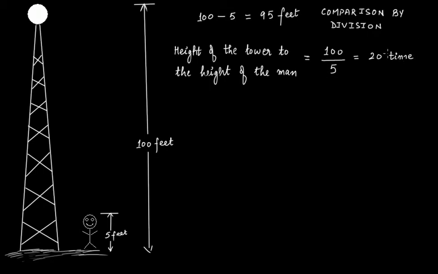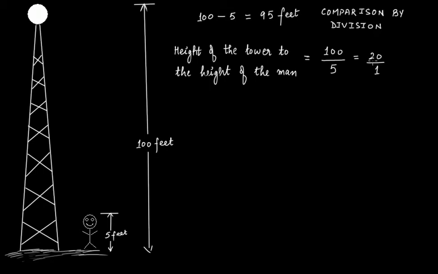Let me say that if we simplify this, that is 100 over 5, then this will be 20 over 1, right? Now, what does this tell us? This tells us that the height of the tower is 20 times that of this man.